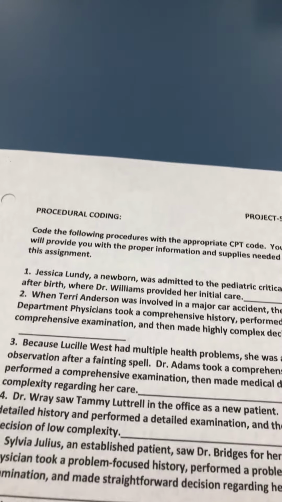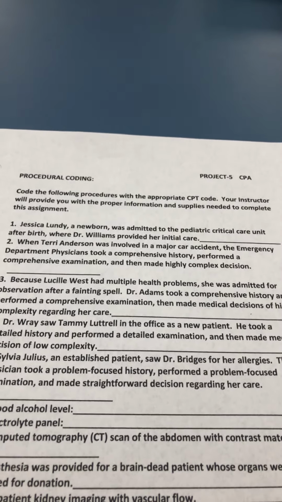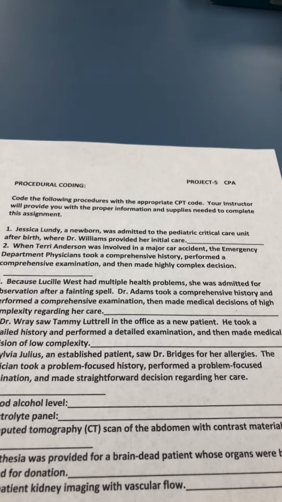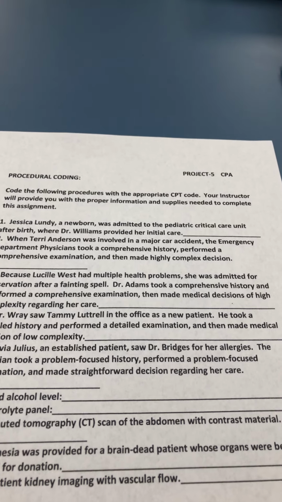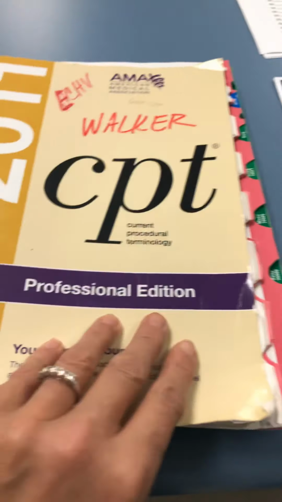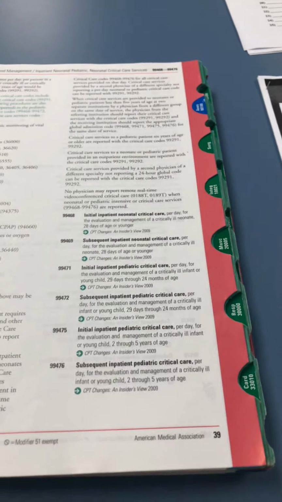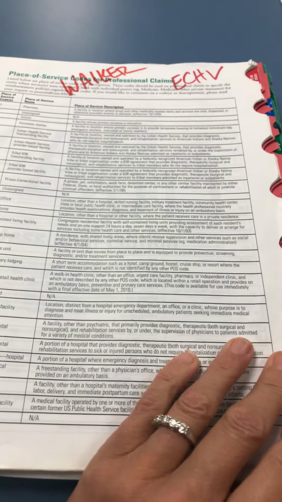So the main thing whenever we're looking for our procedure codes. On this first example here, it's talking about Jessica Lundy, a newborn, who was admitted to the pediatric critical care unit after birth, where Dr. Williams will provide her initial care. There are main things that you need to find. At the beginning of this book, the first part is going to be your evaluation and management tab, okay?